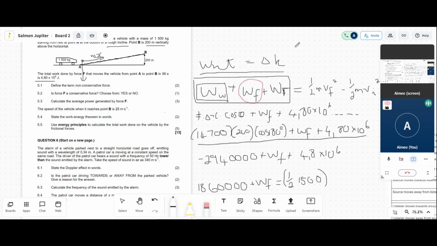And remember, this can be changed to half mass times VF squared minus VI squared. Remember, you can simplify it. I might be confusing you a little here.